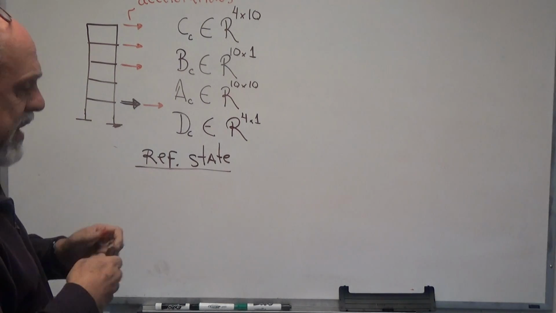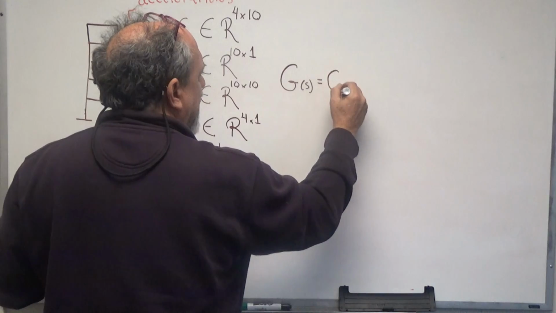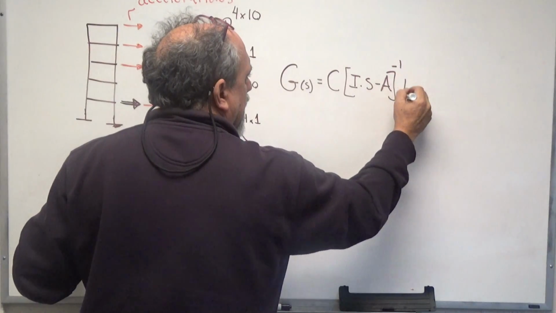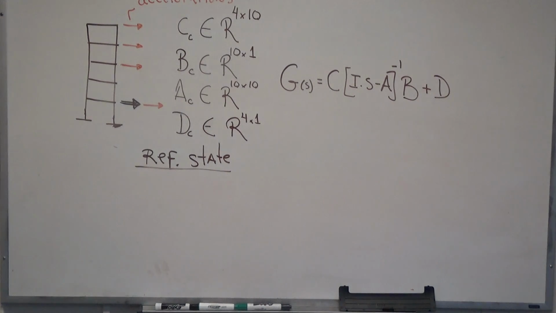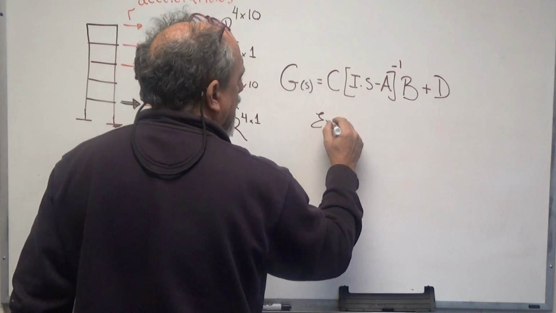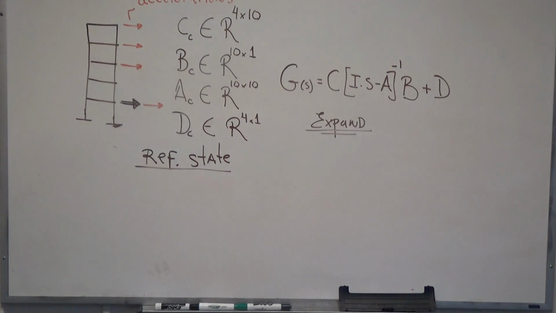Therefore, even though my transfer matrix G is C identity times (sI minus A) to the minus 1 B plus D, in this case for acceleration, even though that matrix is only one column, we know how to expand by taking advantage of the symmetry of the matrices M, C, K. And that is in the prior lectures, last two lectures, and there was even an example and so on, right?